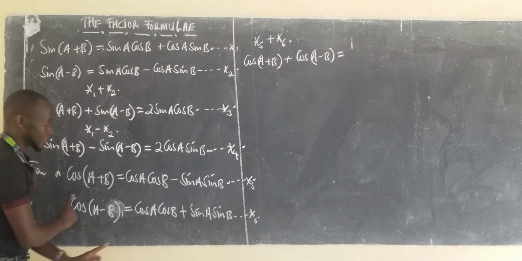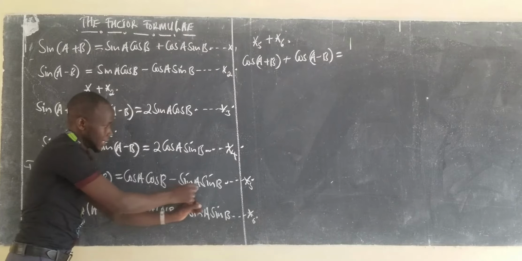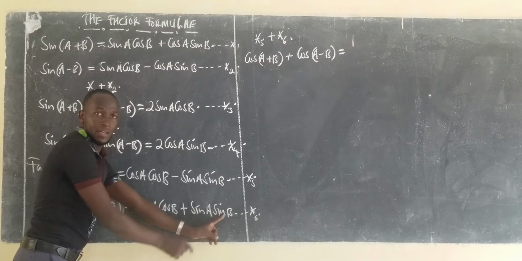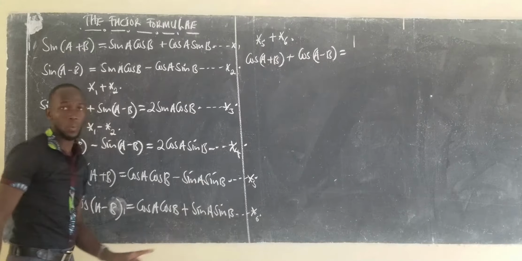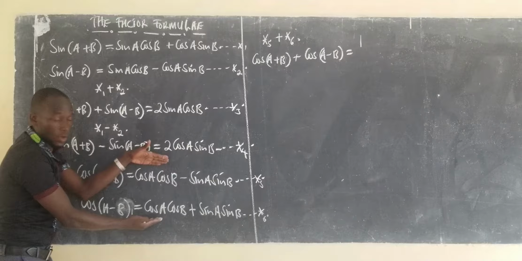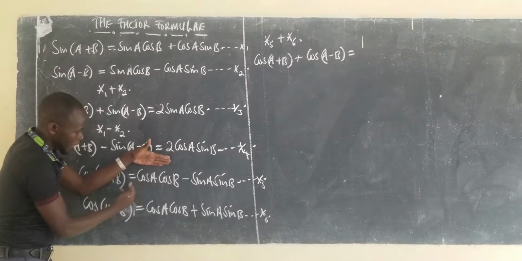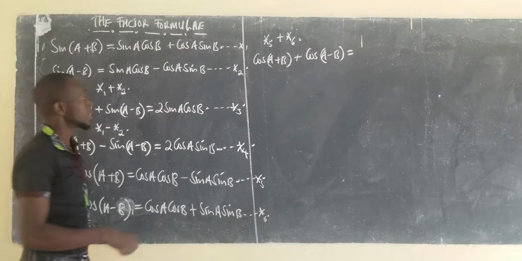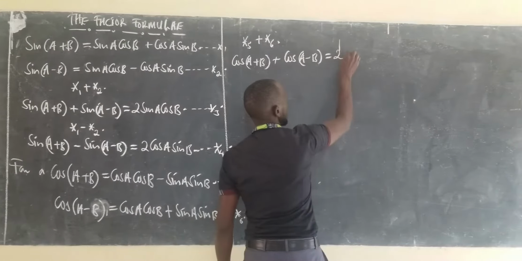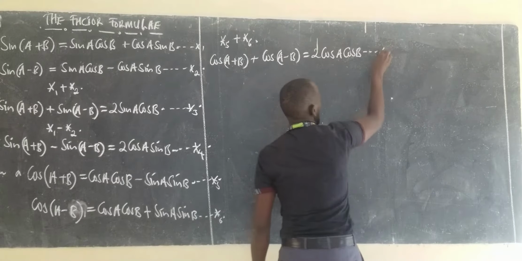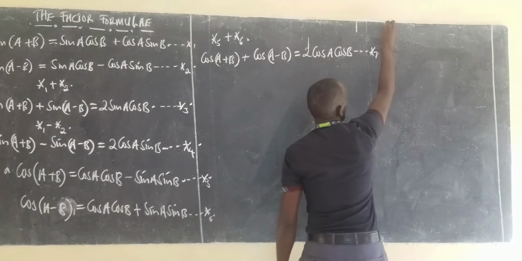When you add the two, it will be a negative sine A sine B plus sine A sine B. This will cancel and give you a 0. You remain with cos A cos B plus cos A cos B, giving you twice cos A cos B. Call this maybe equation 7.